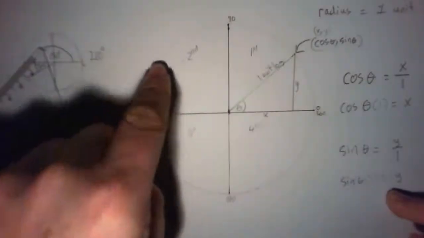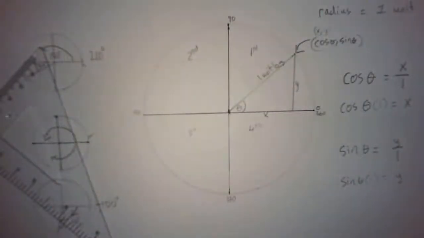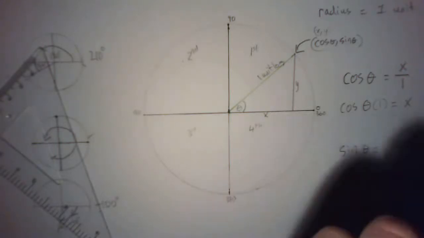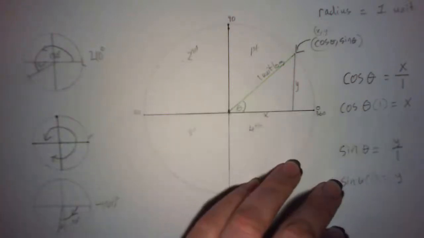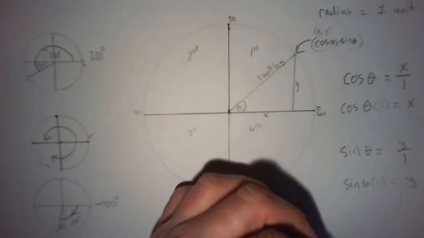Okay, now you're asking yourself, what about the tan? Tan isn't that actually hard to find, would you believe? Okay, we'll come on to the tan in a minute, but that's the basics of the unit circle. So in each of the 4 quadrants, you're going to be able to figure out something. So what I'm going to do is I'm going to redraw it, for want of a better word, and show you a couple of little addendums to it.